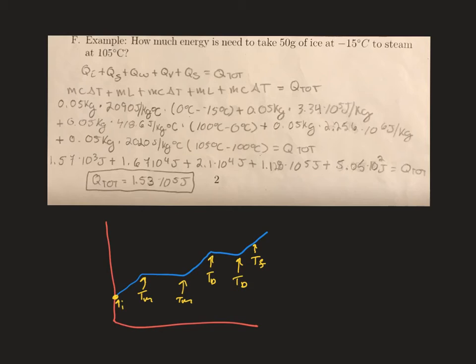Now this problem actually illustrates why it is far more painful to get a steam burn than it is to get a burn from boiling water. And the difference is the last couple of energy terms here, where this is the energy you're adding in to raise it up to the boiling point.